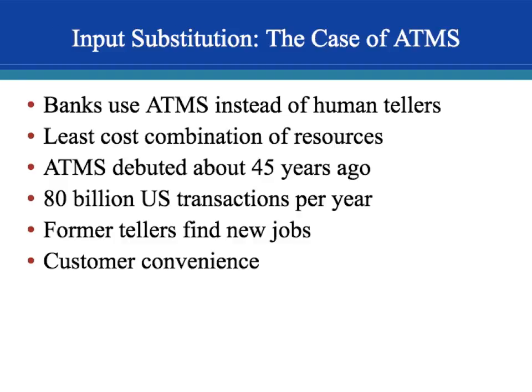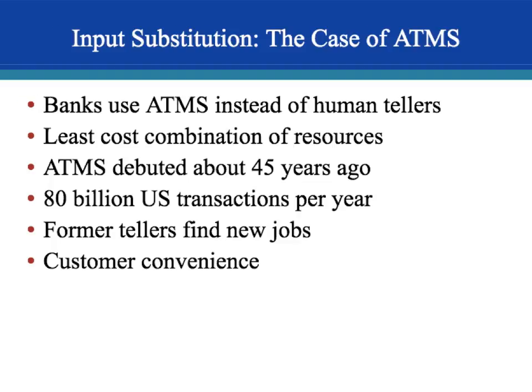In the case of input substitution, we're going to look at ATMs, but this also happened in the agricultural sector where machines replace a lot of human labor. In the short term, it's not fun for those workers, but then eventually they can get trained and move on to even higher paying industries.